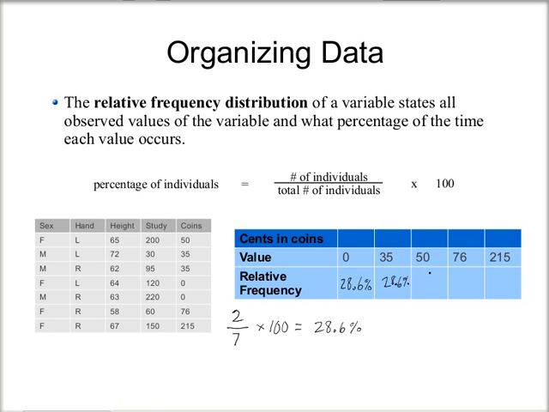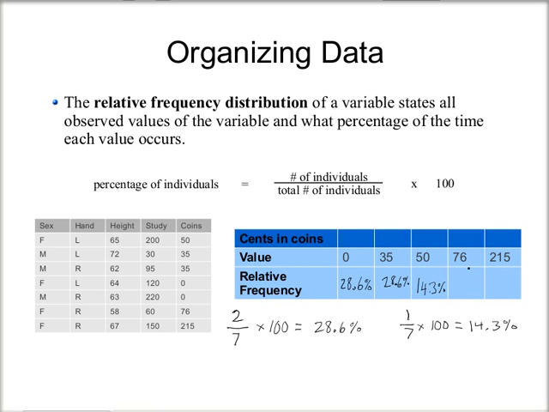For the value of 50, I've got 1 individual who had 50 cents in their pocket, so that calculation is going to be 1 divided by 7 times 100, and that's going to be 14.3%, and I'm rounding to 1 decimal place again here, so 14.3%.